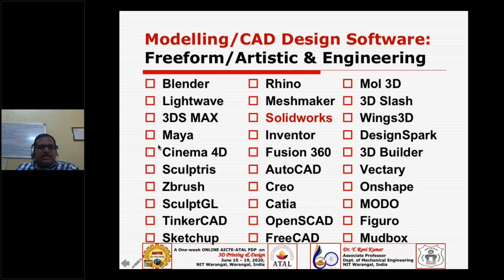Up to this, it is freeform or artistic, or for animation, you may be using these softwares, and some softwares exclusively for sculpting. Nowadays these are like digital clay: how a designer can take clay and mold it as he wishes, similarly a digital clay kind of stuff.